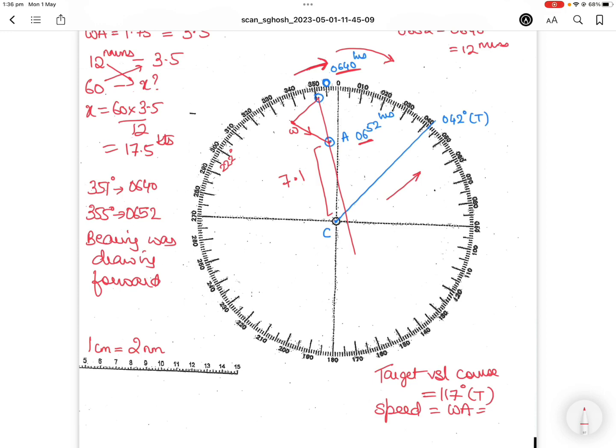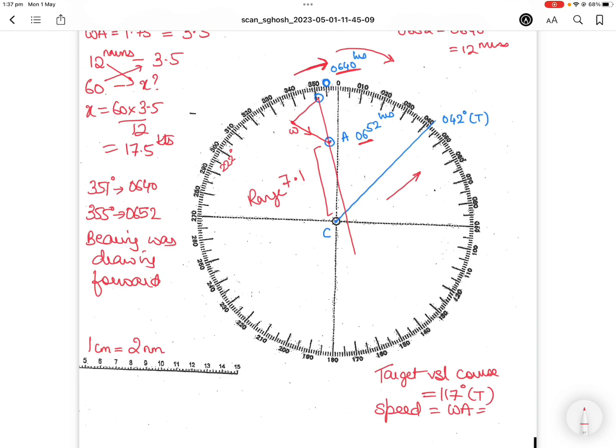So the range of the target is 7.1 nautical miles, and the final observation was 355 degrees true. The bearing was drawing forward as the bearing was closing towards your own vessel's course. So we can say that the bearing was decreasing. That means it was drawing forward, coming close to your vessel's own course.